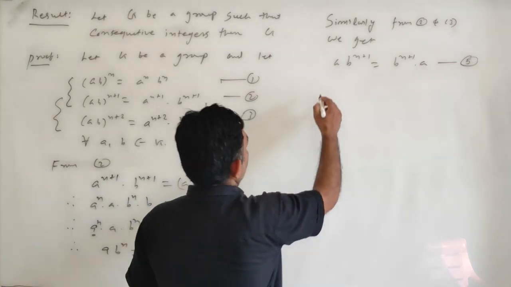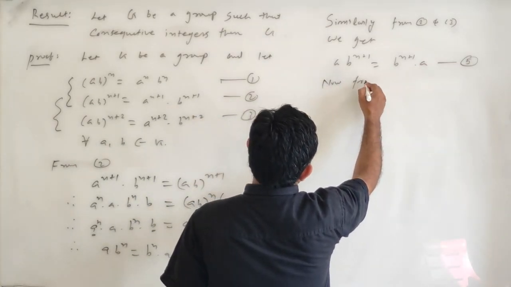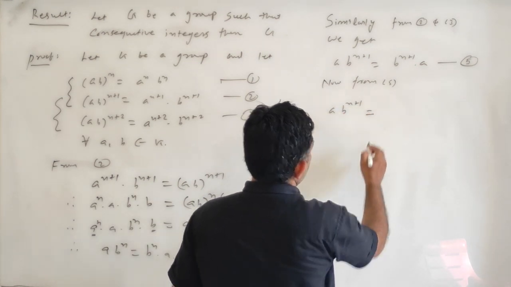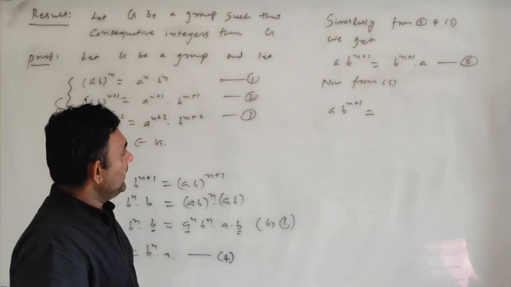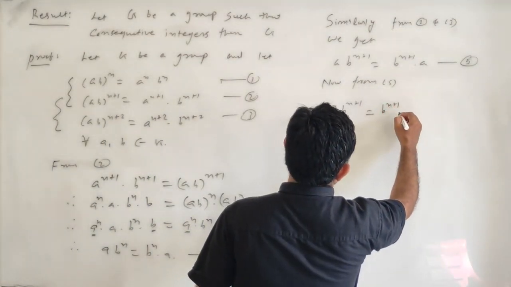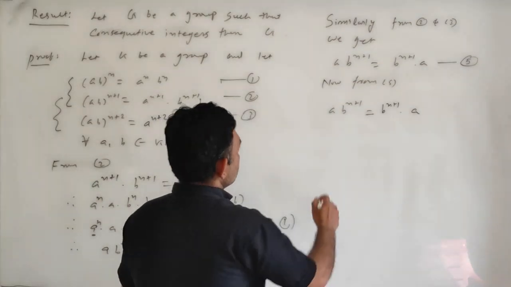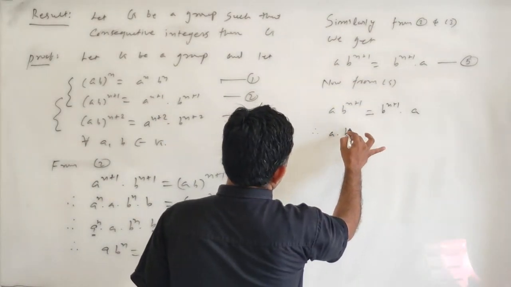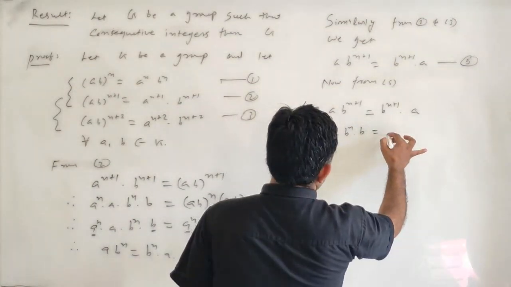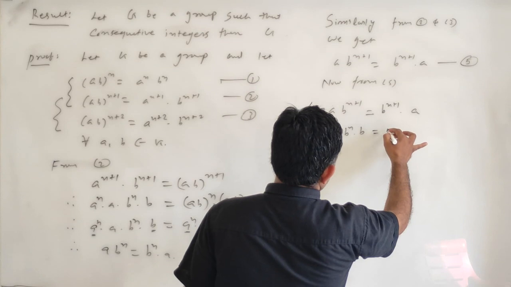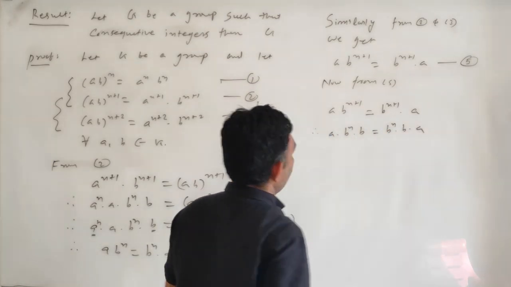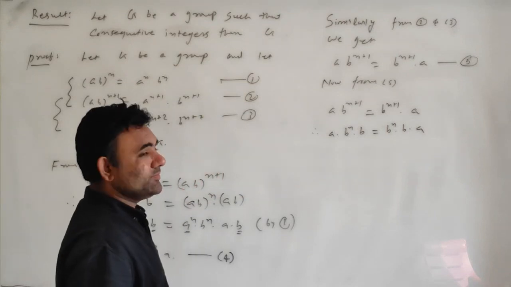So now from 5, let me start with (ab)^(n+1). From 5, (ab)^(n+1) is equal to b^(n+1) a. Therefore I can write a into b^n into b, splitting in this way, and this is b^n into b into a, since n+1 can be split this way.